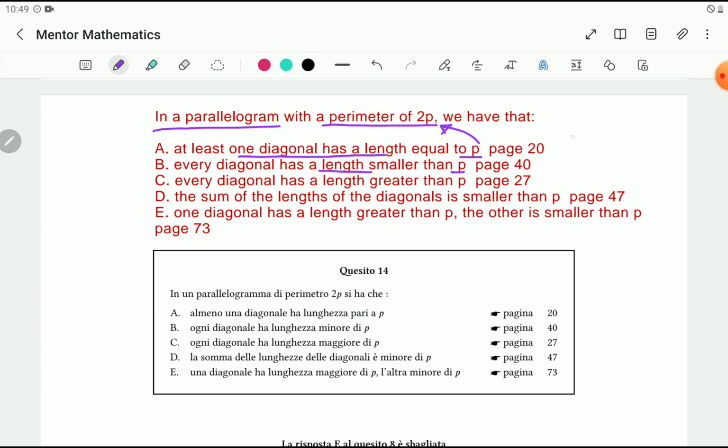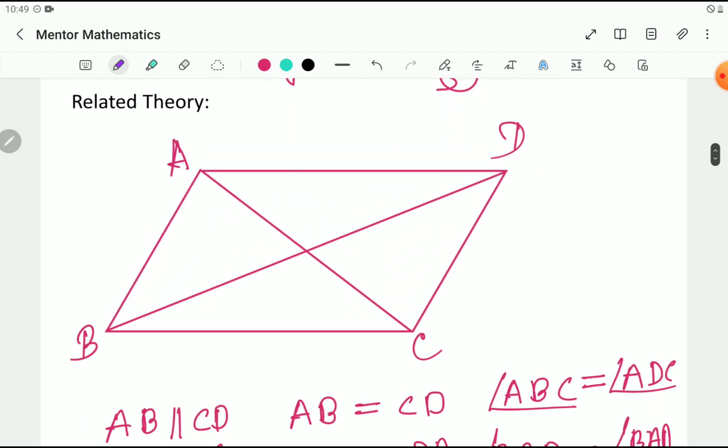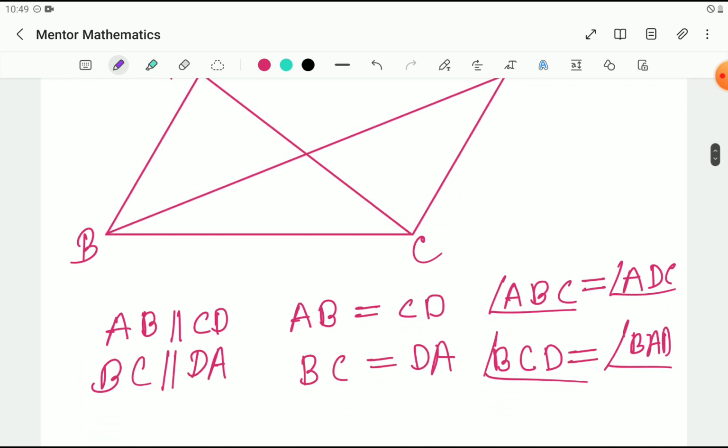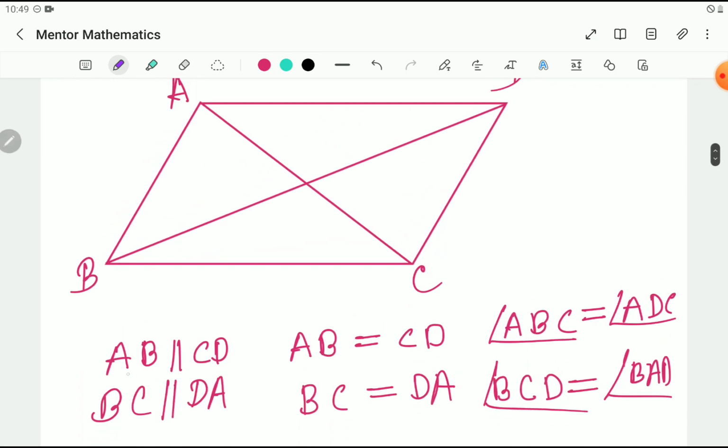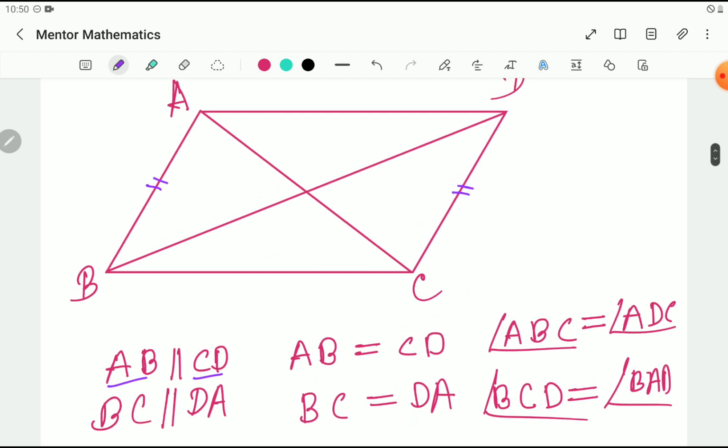And what is a parallelogram? Let's see it first. This is a parallelogram. Parallelogram means AB and CD, for example, these two sides are parallel.